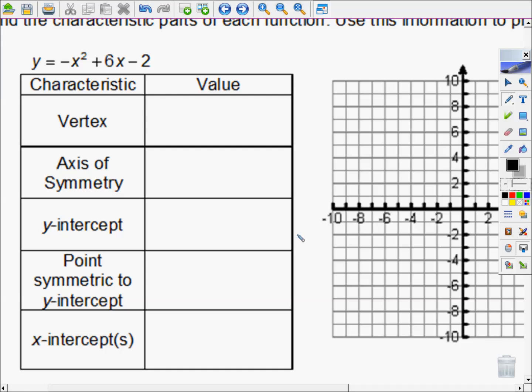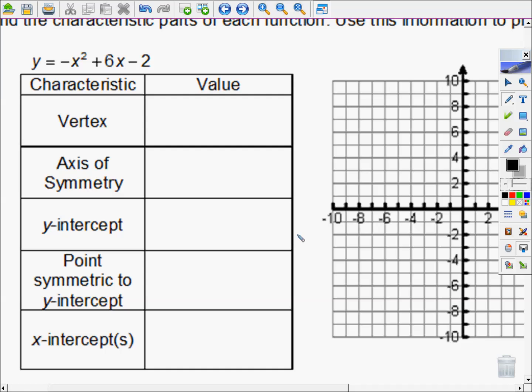Y-intercept: plug it in. Everybody in the group has to have the same answer. 0, negative 2. It's c. 0, negative 2. Point of symmetry.